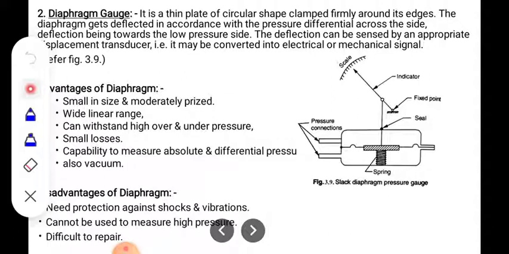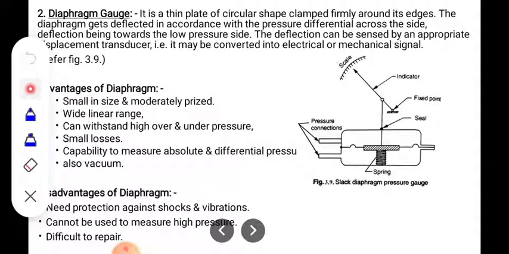Okay, there are some advantages of using the diaphragm gauge: small in size and moderately priced, wide linear range, can withstand high over and under pressure, small losses, capability to measure absolute and differential pressure, and also used for the measurement of vacuum.